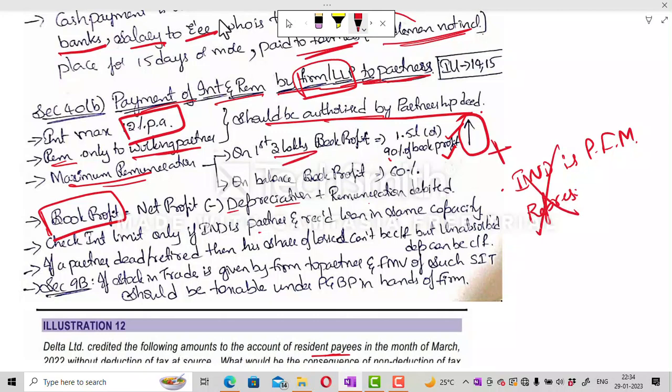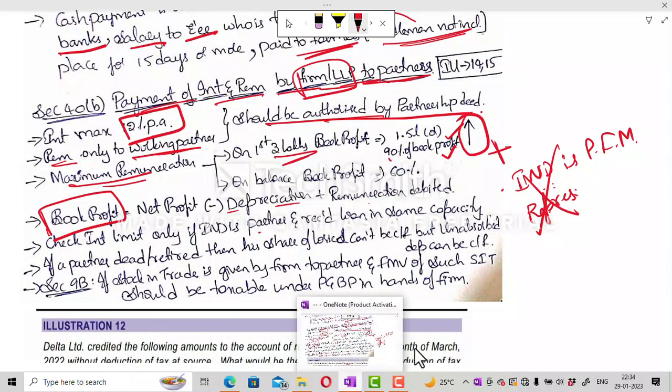Then that interest limit is not available. Only if he is an individual, and he has taken the loan in the same capacity in which he is a partner, then only the interest of that will be taken as an expense, and we should calculate the maximum amount for that limit. If not in the same capacity, then they can pay any amount. There is no such limitation.